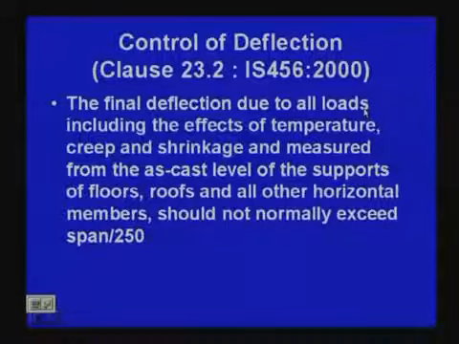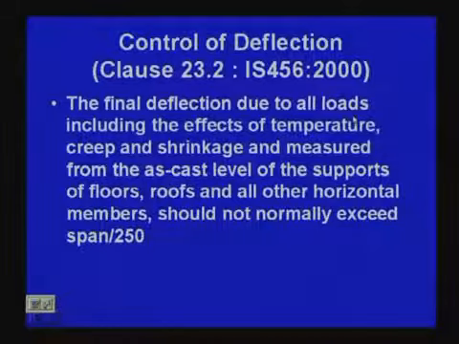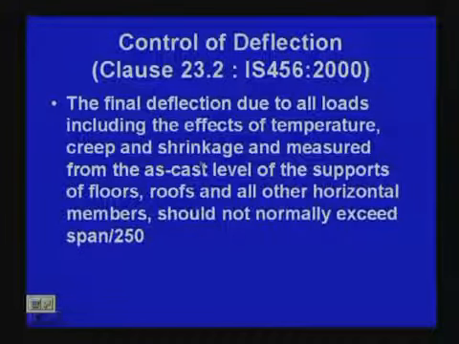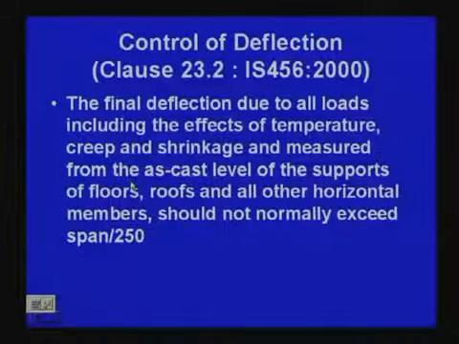The final deflection due to all loads, but how shall we find it, because we are not going to calculate that deflection directly. So we do it on the basis of span. The final deflection due to all loads, including the effects of temperature, creep and shrinkage, are measured from the as cast level of the supports.